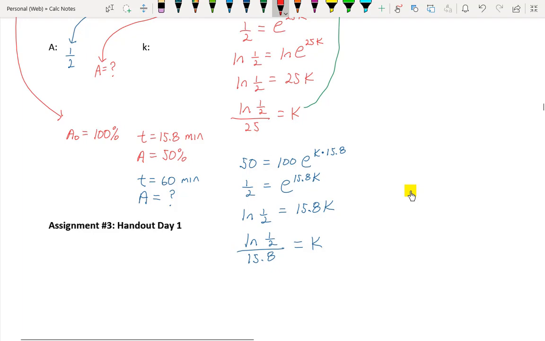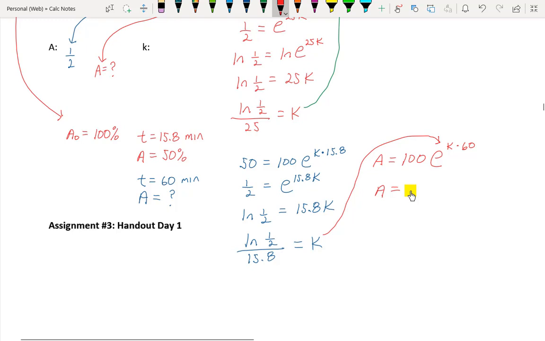Now that I've got that, I can just go back and plug in 60 minutes and solve for a. So I've got a equals, and this time it's going to be the initial amount, 100%. This is where the difference is going to come in when I go to solve this, times e to the power of k, and then t in this case is 60. Remember, our k value is going to come from right over here. We're going to pop that in the calculator, and this one I don't have a number for, so I'm going to crank this out real quick.